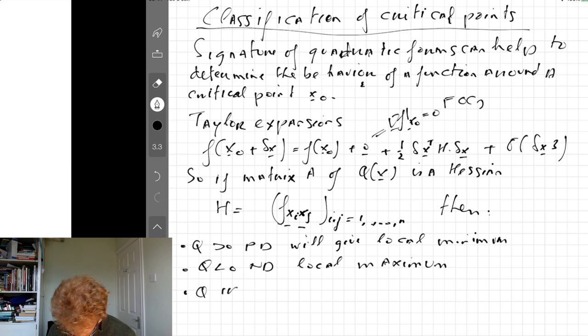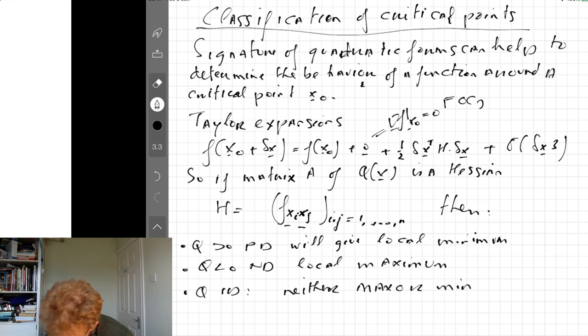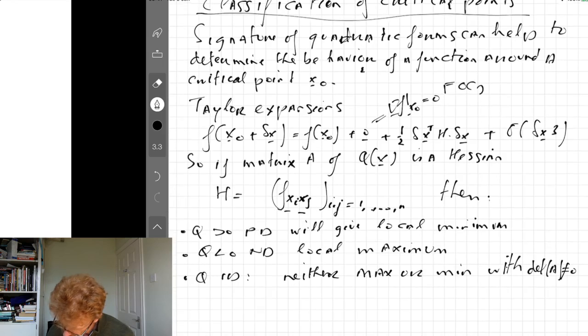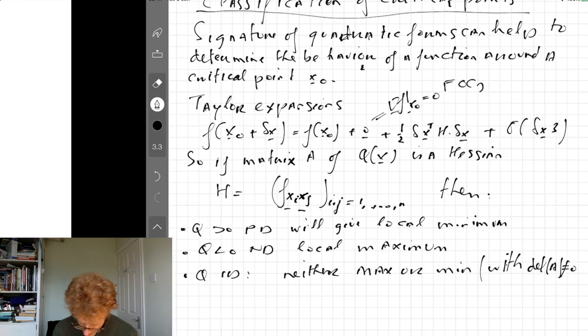If Q is indefinite, it is neither a maximum nor a minimum, with the determinant of A unequal to 0.